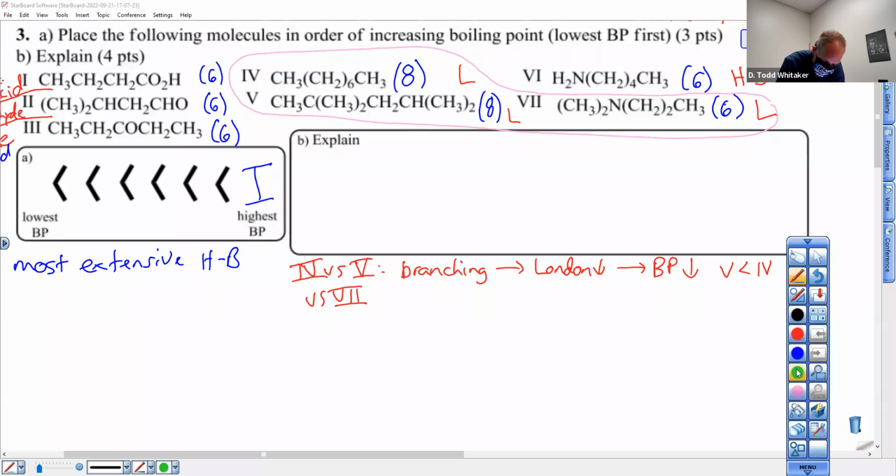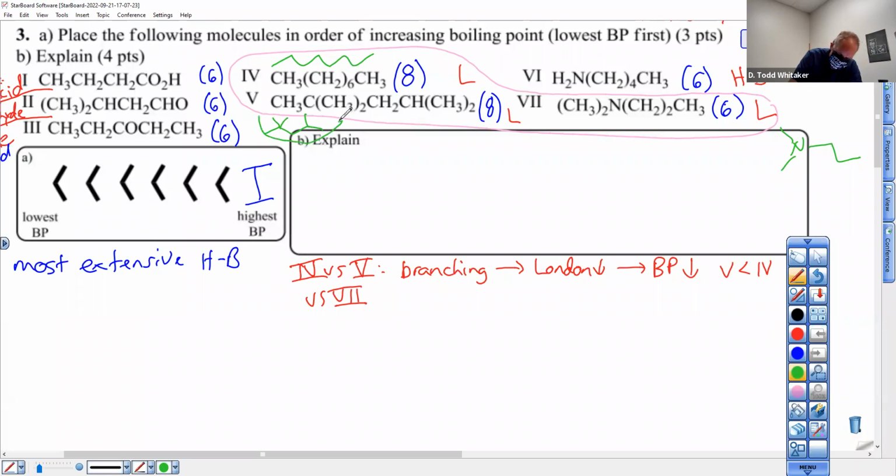Stick figures for VII is 2 methyls on a nitrogen, goes to CH2 once, twice, 3 times. Stick figures on IV, just 8 in a row, right? 2, 4, 6, 8. Stick figures on V goes to a second carbon with 2 methyls, goes to CH2, goes to C with 2 methyls.